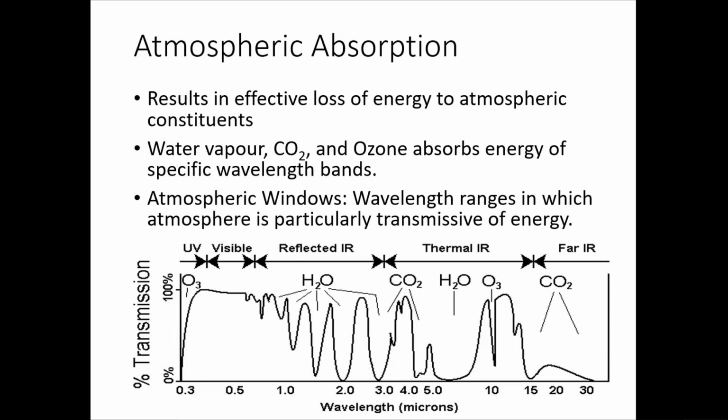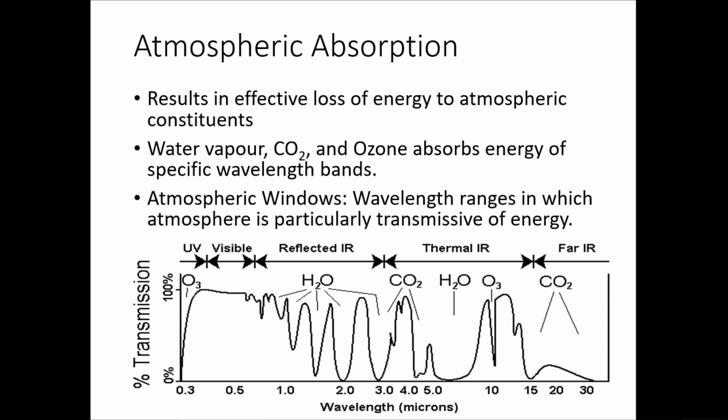The two major types of energy interaction that happen in the atmosphere are scattering and absorption, as I mentioned earlier, right? Absorption is another mechanism when electromagnetic radiation interacts with the atmosphere. In contrast to scattering, this phenomenon causes molecules in the atmosphere to absorb energy at various wavelengths, right?